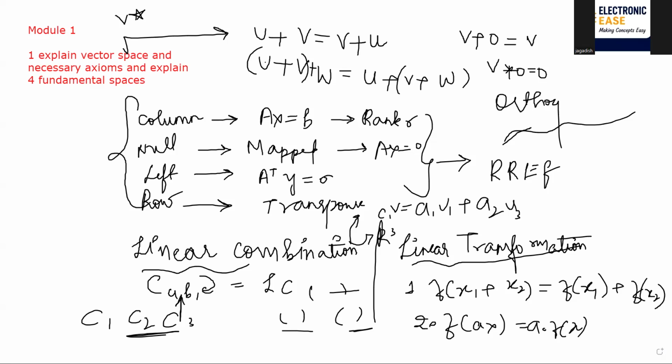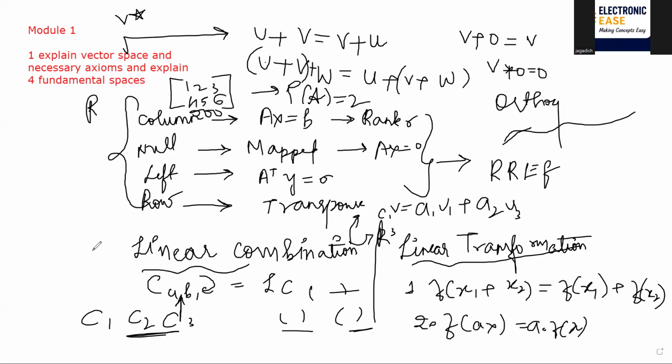And rank of a matrix. Rank of a matrix means the number of non-zero rows. If I have written 1, 2, 3, 4, 5, 6 and the entire row is 0, then this matrix rank is, that is rank of A is 2. You have to convert it into echelon form, and based on that you need to comment on the rank of a matrix.